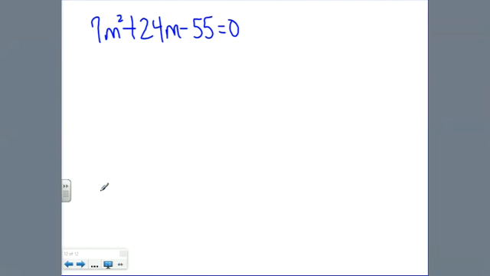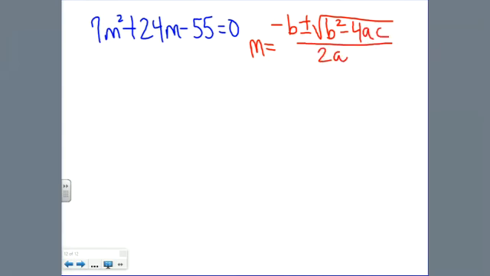Our quadratic formula in terms of m now is m equal to negative b plus or minus the square root of b squared minus 4ac all over 2 times a.